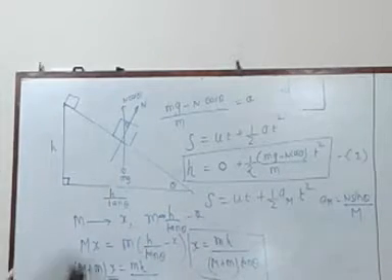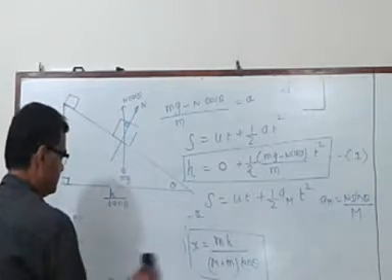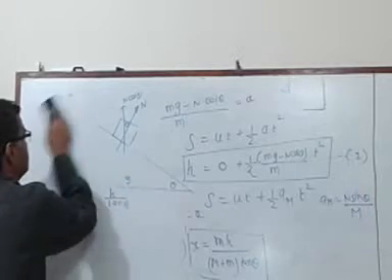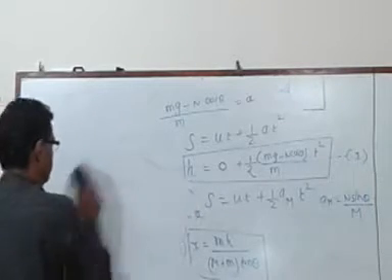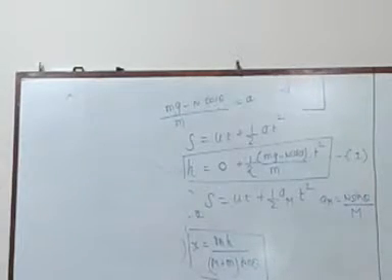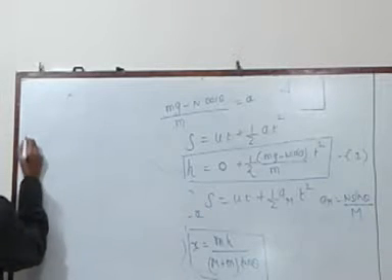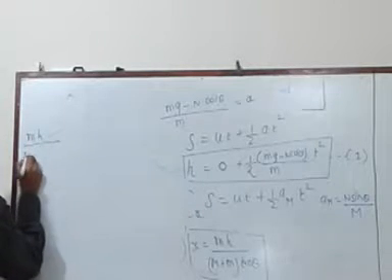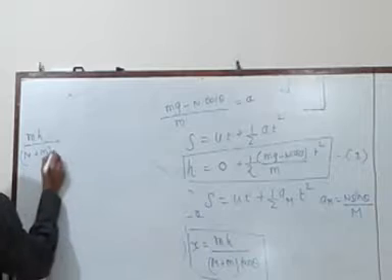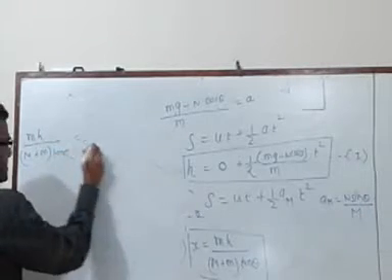So if I substitute, I will get mh upon M plus m tan theta. Initial speed is 0 only.